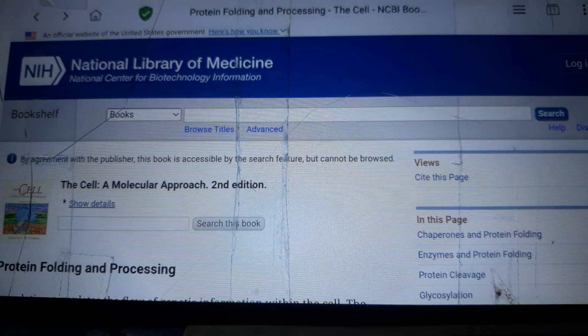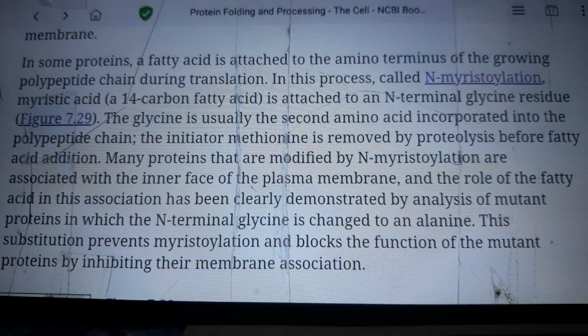So that was the explanation there, and myristic acid is attached to an N-terminal glycine residue, as in figure 7.29. So I'm showing all these explanations, the explanation for the words and the figures, step by step, as I explain, because there could be a lot of confusion when you listen to all these terms for the first time or are trying to understand the continuation of the lecture as I go on.